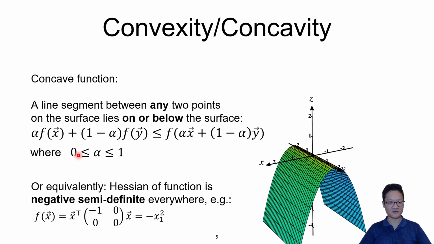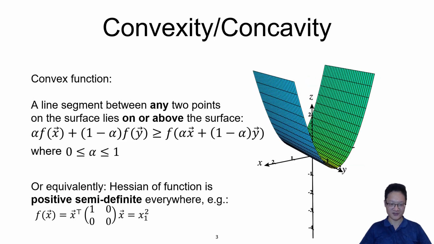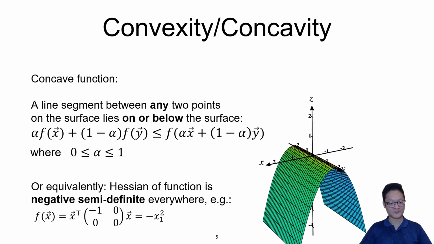For concave functions, the Hessian of the function will be negative semi-definite, and it's actually equivalent. If I just go back to convince you that the sign has flipped: line above surface, greater than sign here. And here, if I draw a line, it's going to be below the surface, less than or equal to sign here, and negative semi-definite.